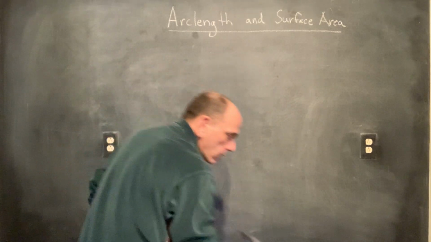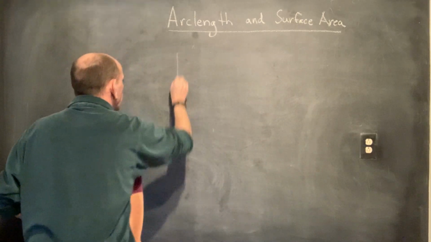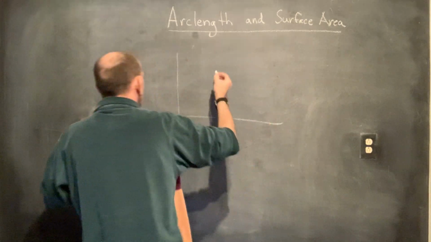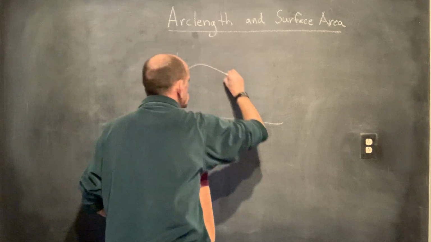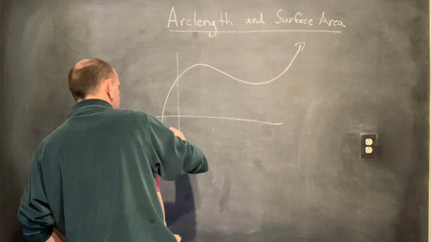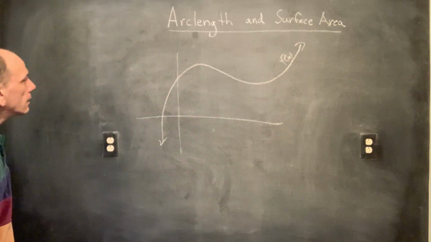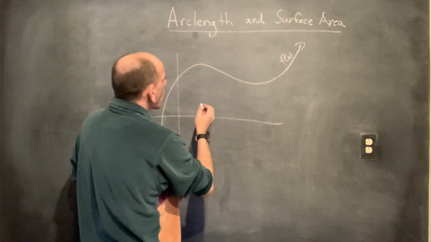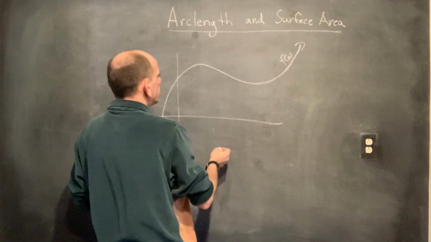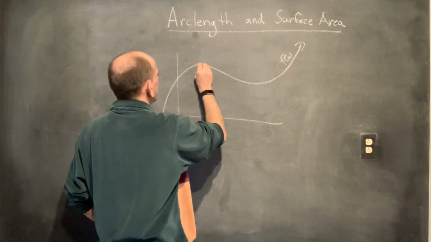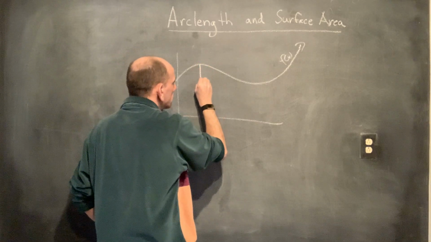So it goes like this. Let me blow it way up. Let's say we've got some function f of x. It doesn't really matter where. I'm blowing this way up.